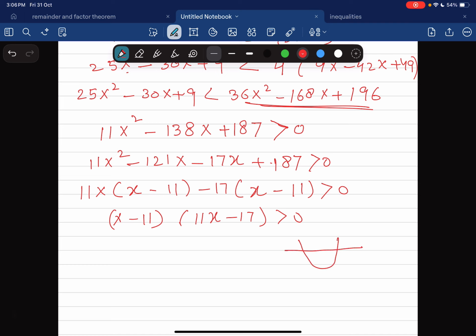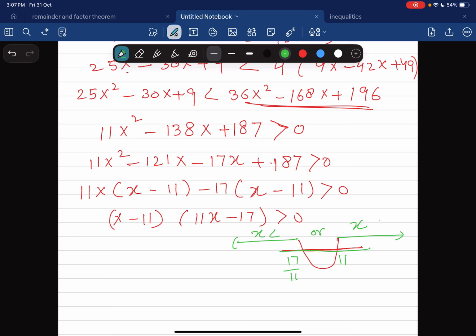When greater than 0, that is the open part, above the line, the outer parts. Here x is greater, here x is less. One big value is 11, the small value is 17 upon 11, those are critical values. x minus 11 equals 0 and 11x minus 17 equals 0, so x is 11 and x is 17 upon 11.